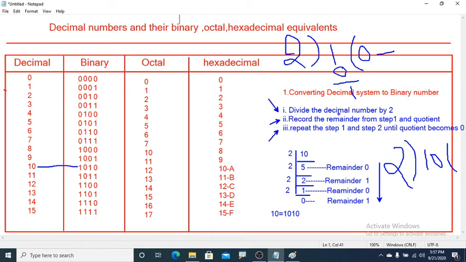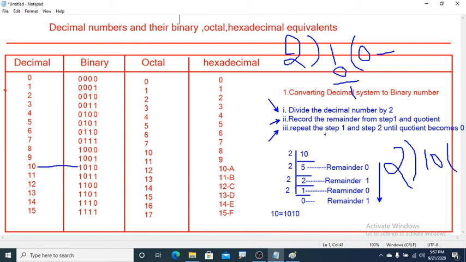What did you understand by this? The first step is we divide the decimal number by 2 and record the remainder and quotient.